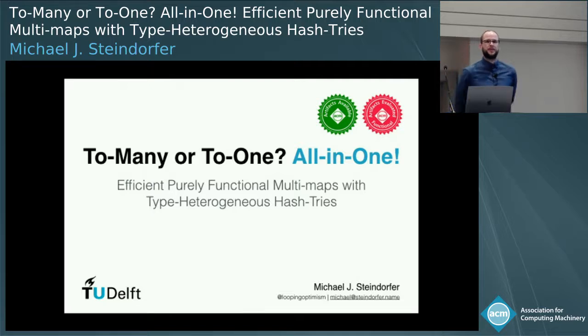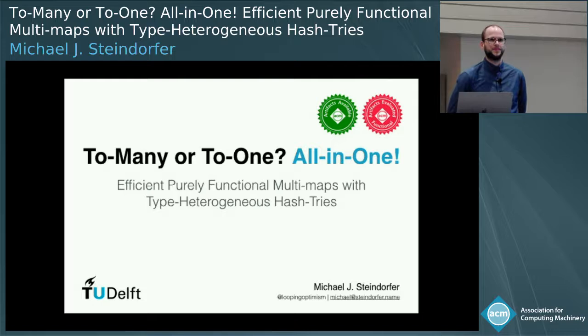Any other questions? What about comparisons to non-functional data structures? I mean, Java and Guava in particular, the Google library for Java, has multi-maps. So how do they compare?